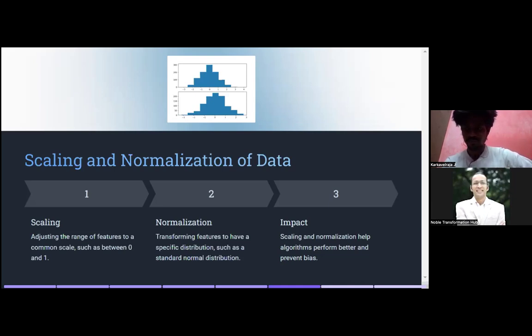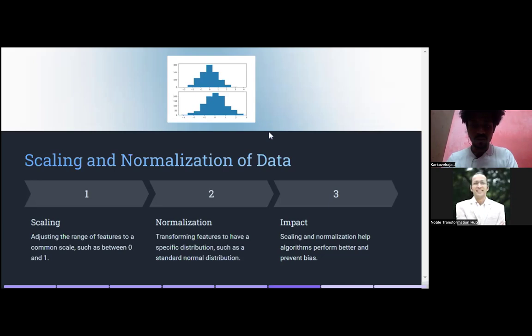Because when you normalize the data and scale it properly, it will perform well. Thank you. Yeah, that's true, sir. Whenever you have data, you need to scale it so that we can do further analysis or modeling.